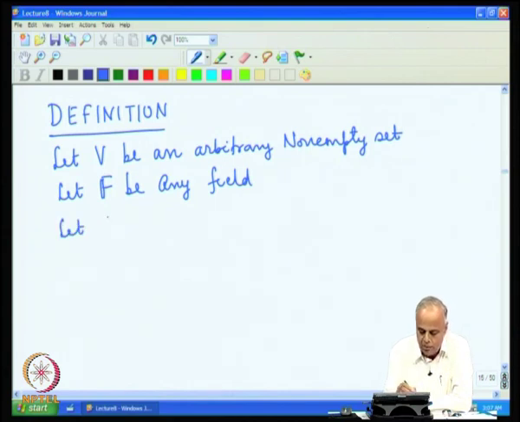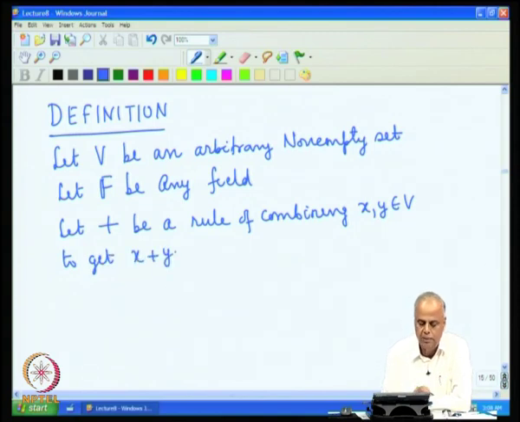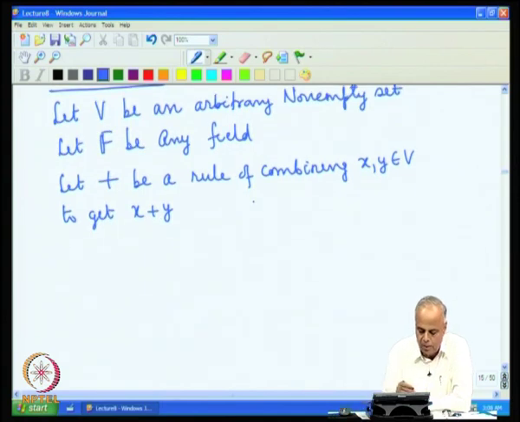So, let plus be a rule of combining x, y in V to get x plus y. What we get, the result, we will denote by x plus y. Such a thing is called a binary operation, and then let dot, the scalar multiplication, we will denote by dot.